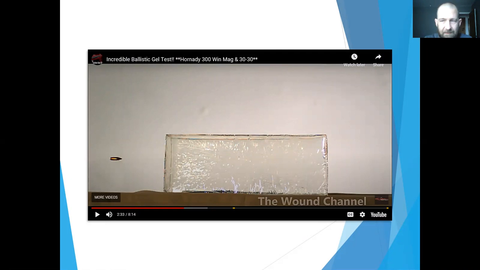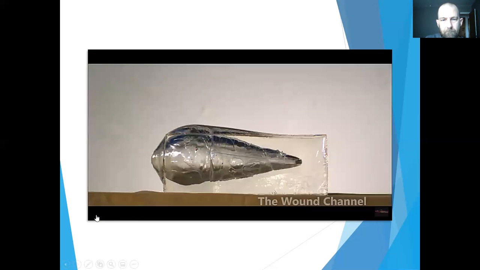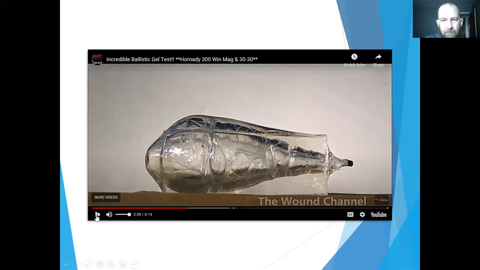It's not just that big, like the bullet's that big, that's its diameter. That's not necessarily the diameter of the wound channel. So watch what happens. Again, this ballistics gel simulates what flesh is like. I'm going to pause it right there. Look how big this wound cavity got inside.